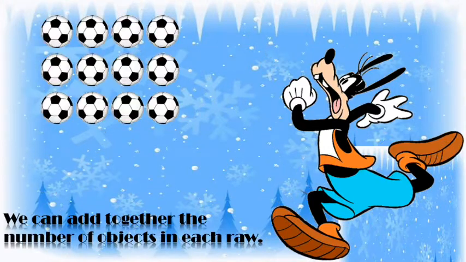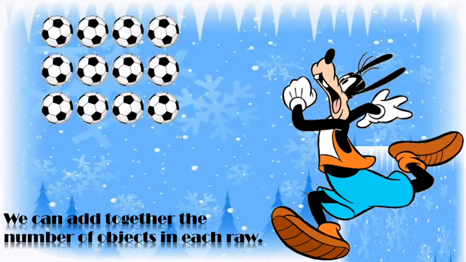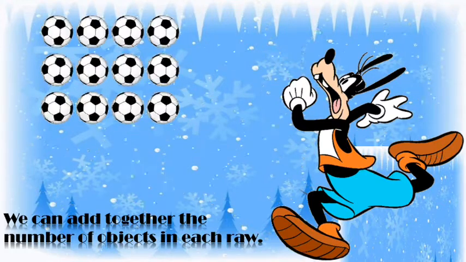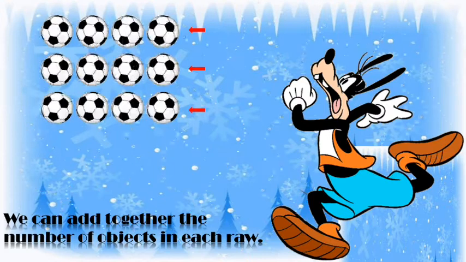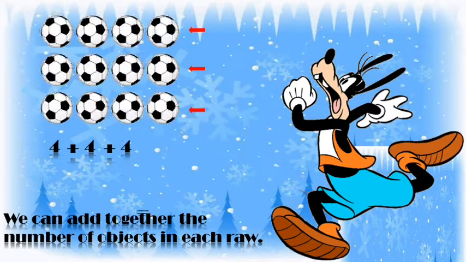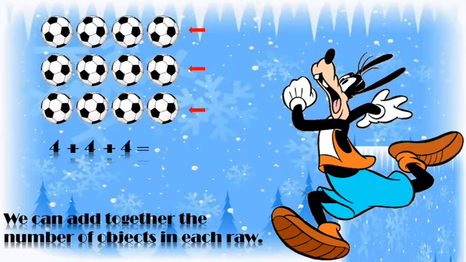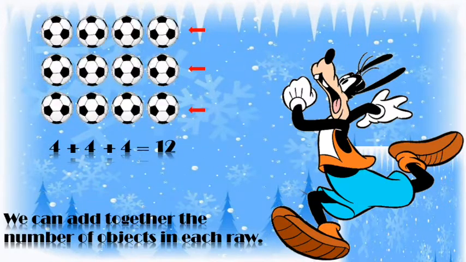We need to add together the number of objects in each row. There are 4 objects in each row. So 4 plus 4 plus 4 and that equals 12 objects.